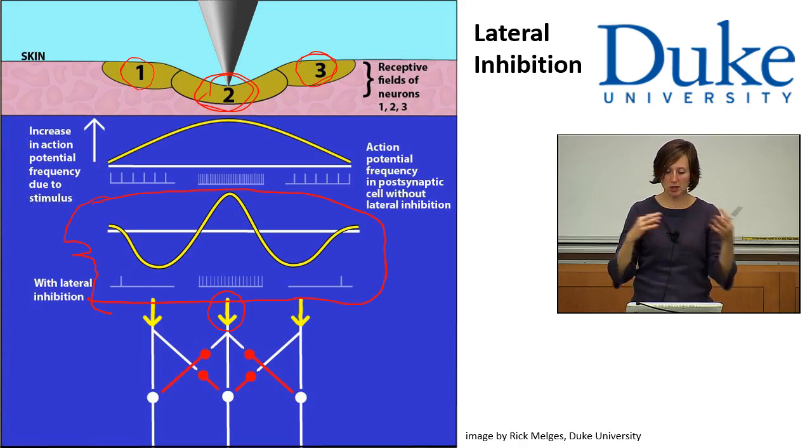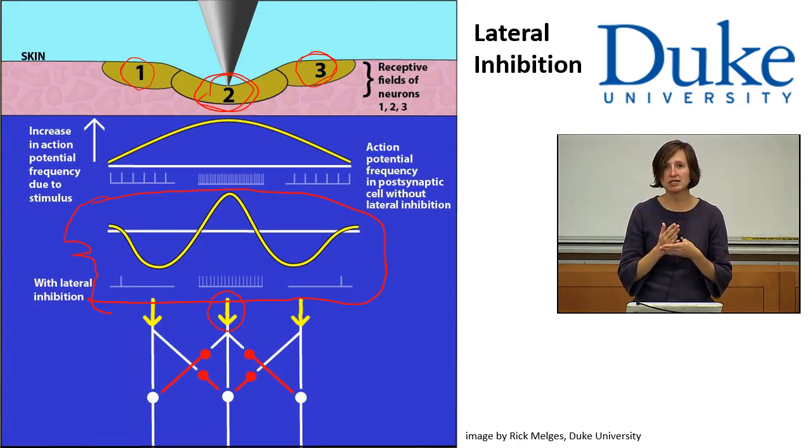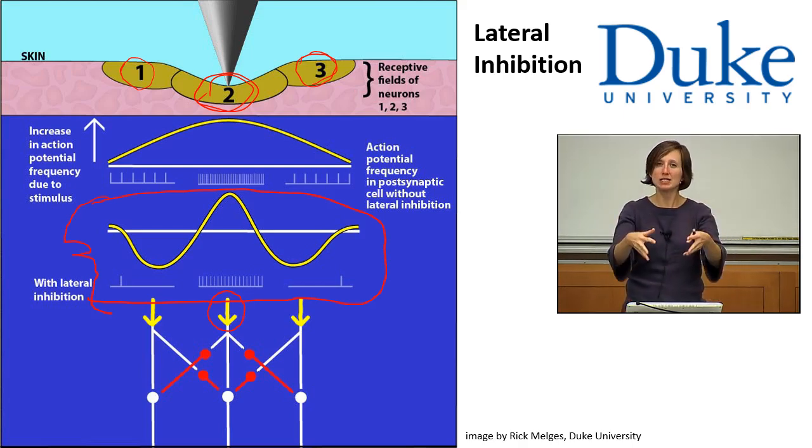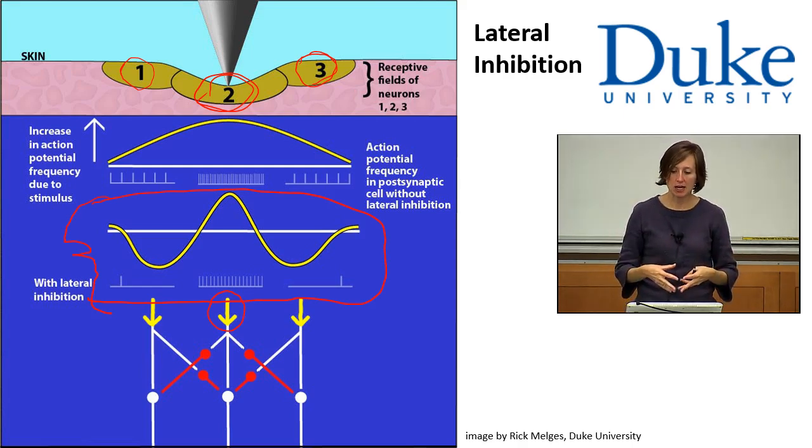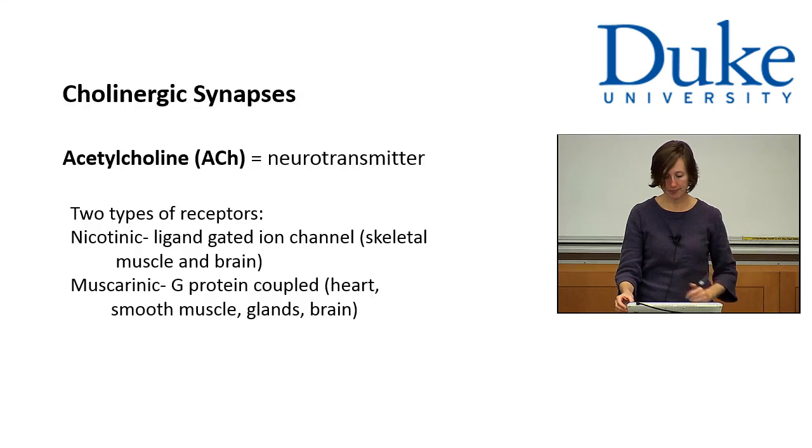So I'm not so concerned that you understand lateral inhibition and the details of it, but I just wanted to give you a concrete example of how these networks can act to accomplish something that the nervous system requires.